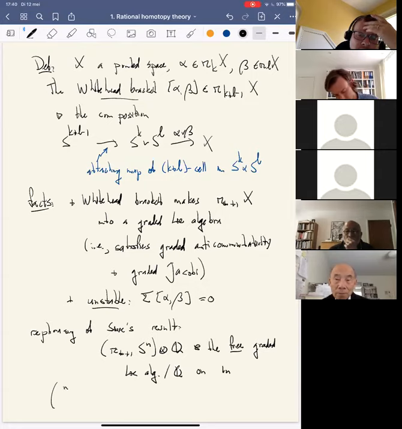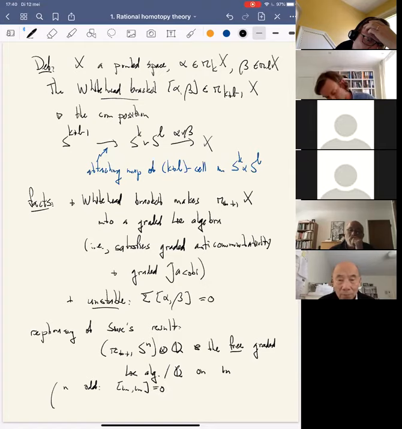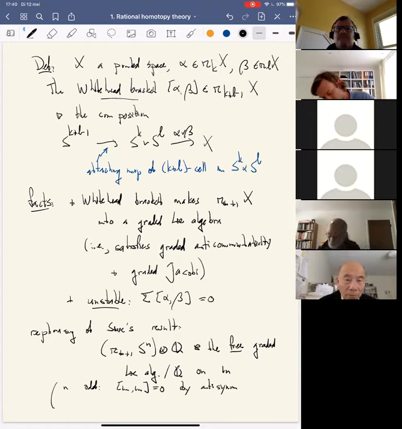Okay, so the reason that this works, you have to think about the degrees a little bit, but of course, if n is odd, then the free Lie algebra on one generator is what you'd expect. I mean, normally in the ungraded setting, the free Lie algebra is a vector space of dimension 1, right? Already the self-commutator of your element will have to vanish by antisymmetry. So here, because of this funny degree shifting, for n odd, you get that this is 0 by antisymmetry. There's nothing else to say.